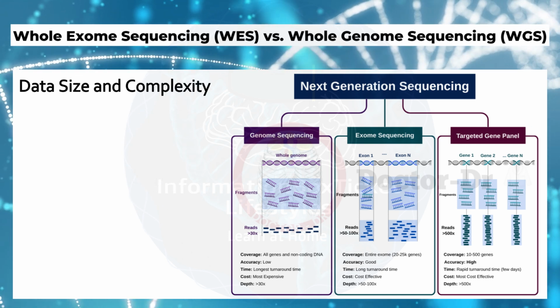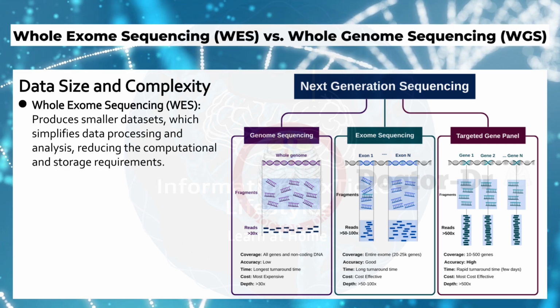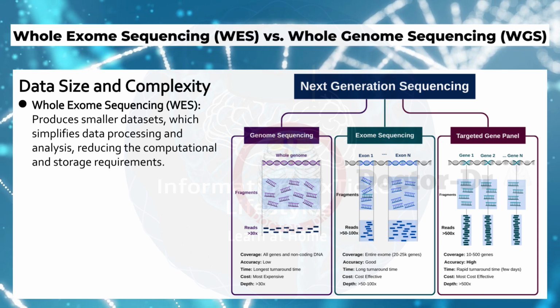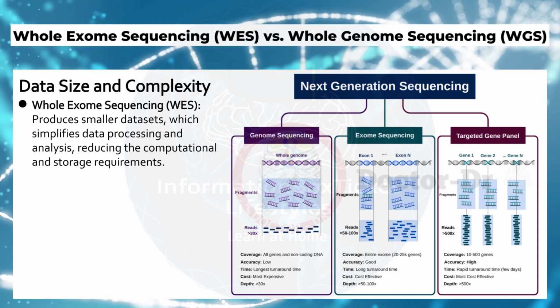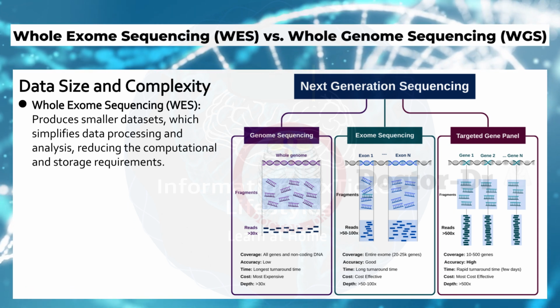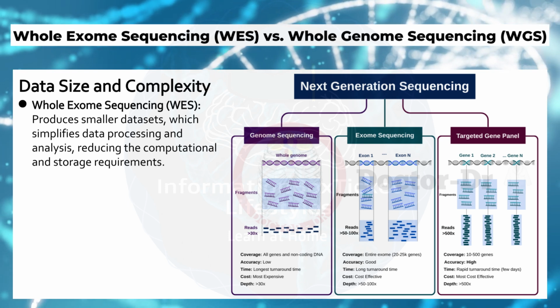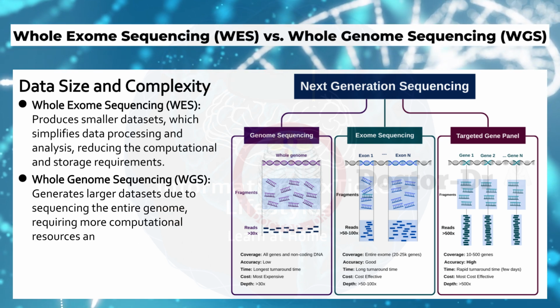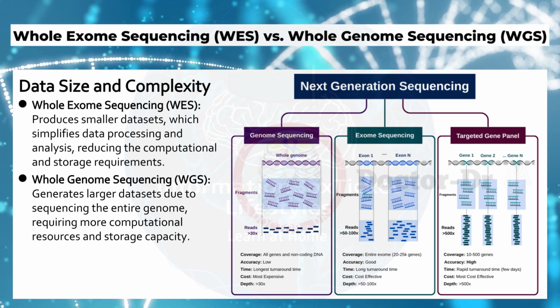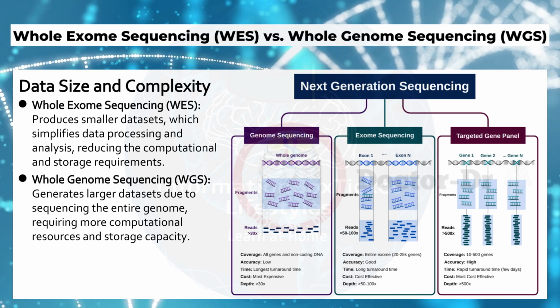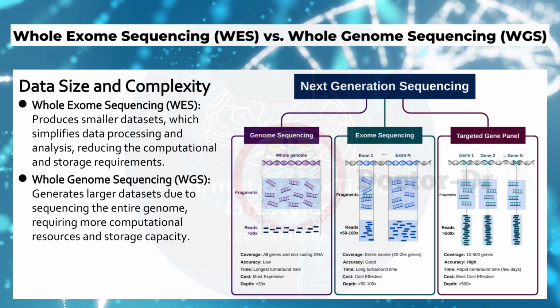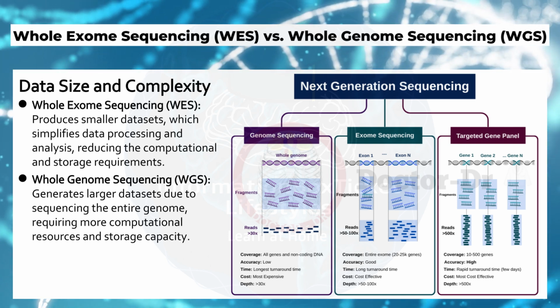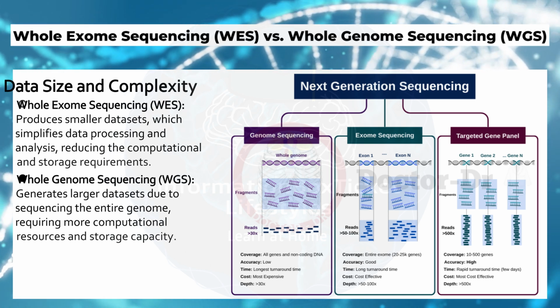Data size and complexity. Whole exome sequencing produces smaller datasets, which simplifies data processing and analysis, reducing the computational and storage requirements. Whole genome sequencing generates larger datasets due to sequencing the entire genome, requiring more computational resources and storage capacity.